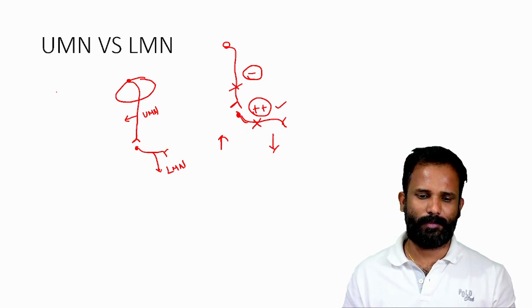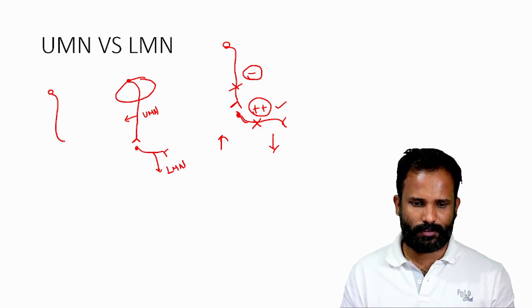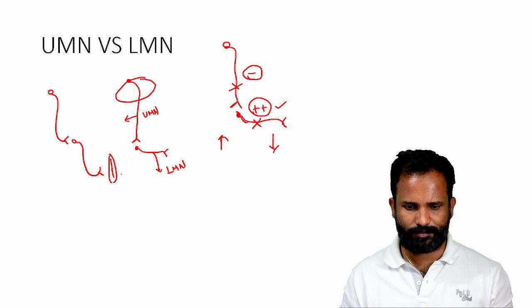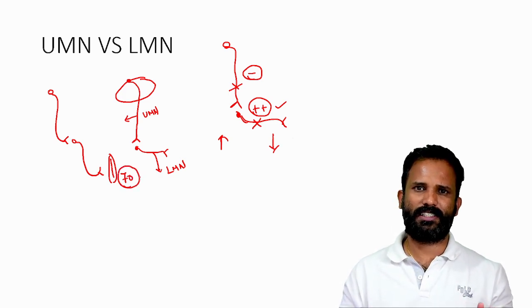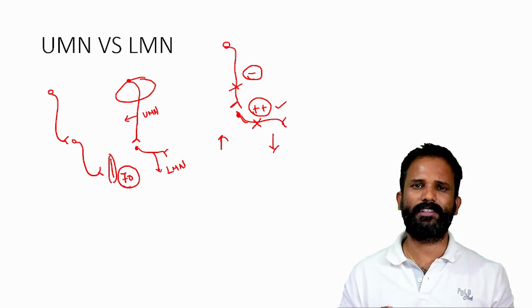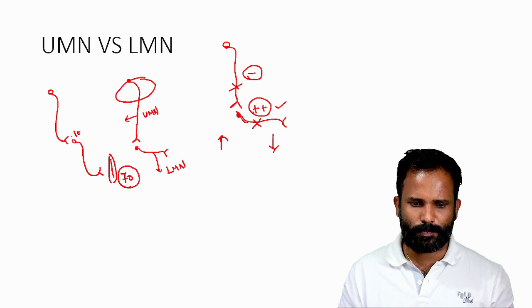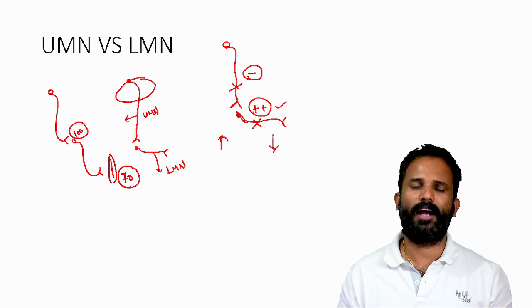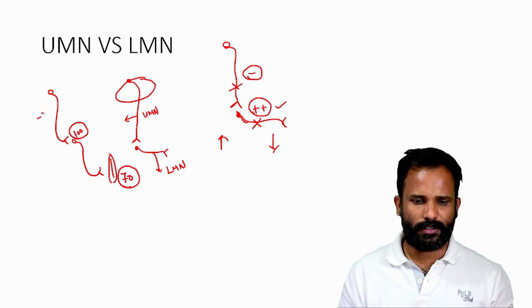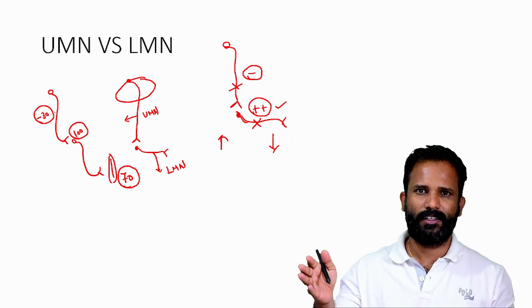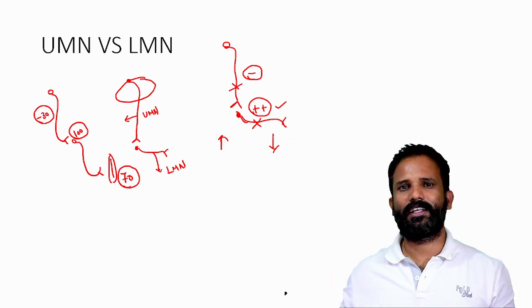Okay, to make it clear, I will draw it again. Upper motor neuron, lower motor neuron, and this is the muscle. Let us think that a tone of 70 is required, 70 discharges are required for the muscle to maintain its resting tone. Now this is the spinal cord. The spinal cord has the capacity of 100, and this upper motor neuron has the capacity to cut that extra 30 so that it can give only 70.